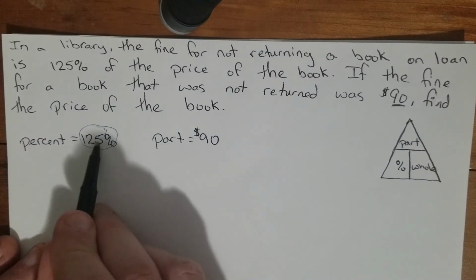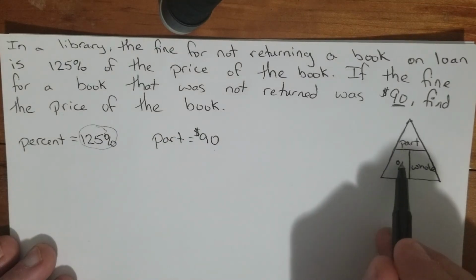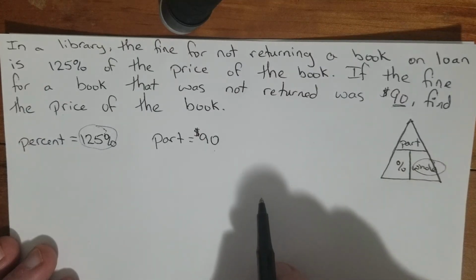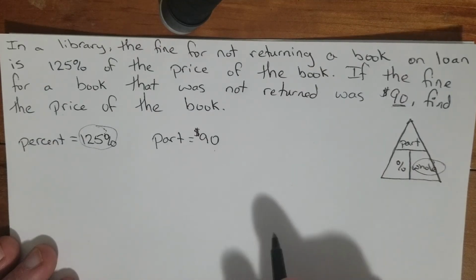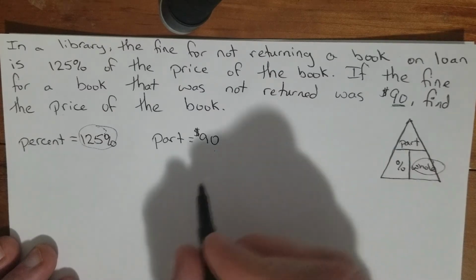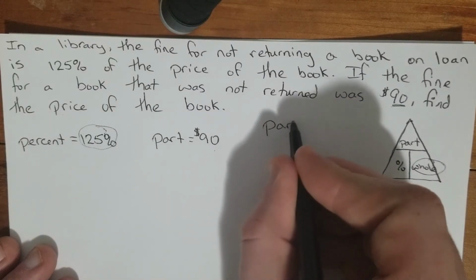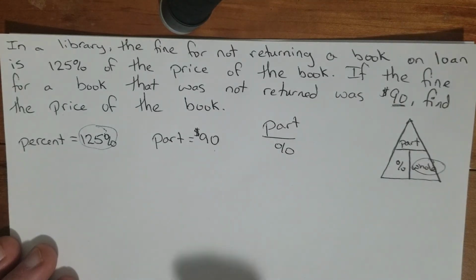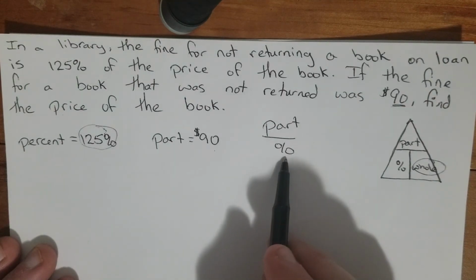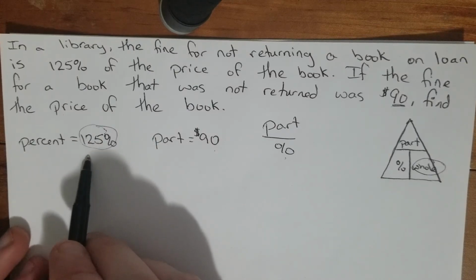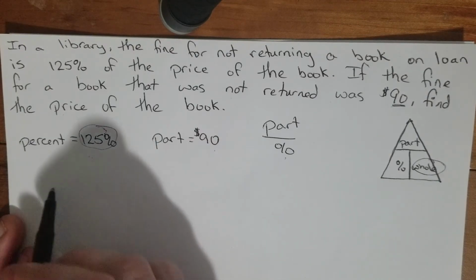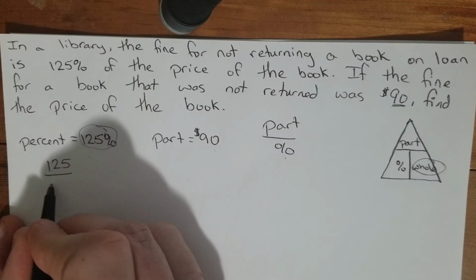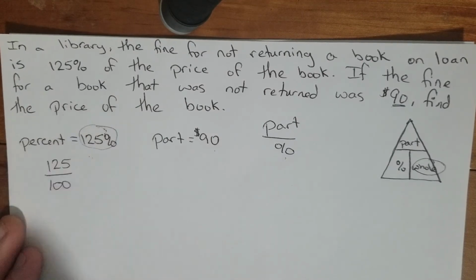Now that I have my percent and part, and I've drawn our triangle here on the side to help remind us, we are solving for the whole. That's the piece that's missing, the whole price of the book. So to do that, I need to take part divided by percent. My problem, though, is that my percent needs to be a decimal. So 125%, I need to start off by making that a decimal. 125% is 125 per cent, out of 100.